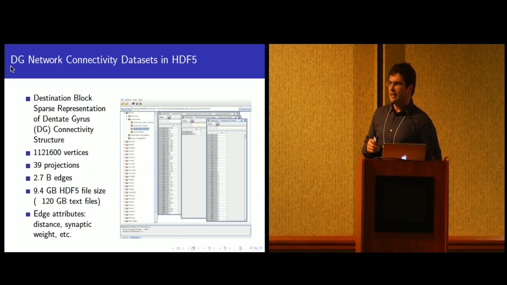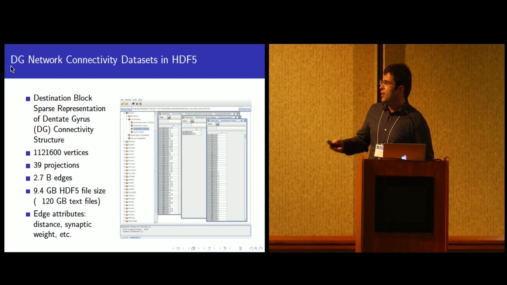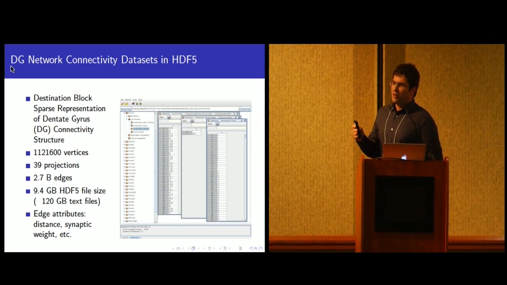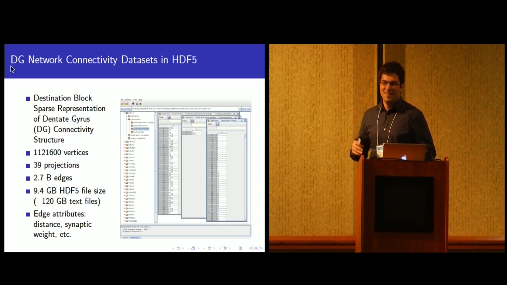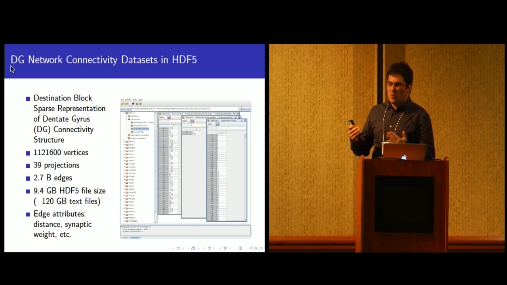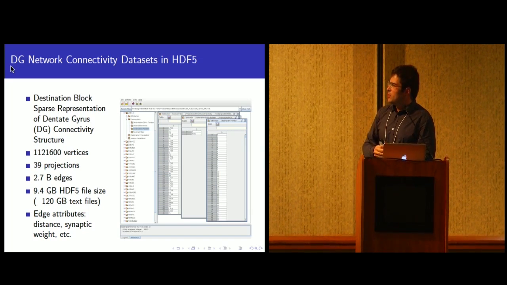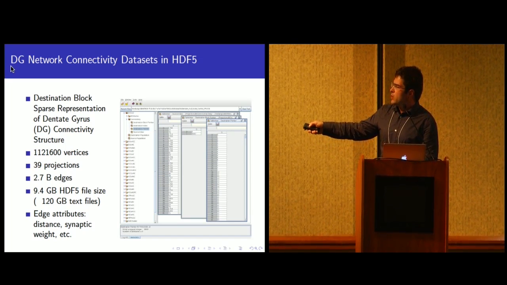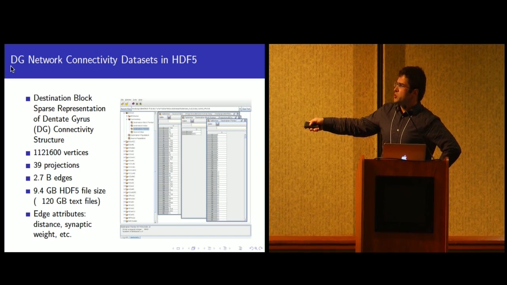Our legacy data format, so to speak, was MATLAB files; we exported text files from those, and then we loaded them in the NEURON simulator. So yeah, it was pretty horrible. Using HDF, we achieved great improvements. We converted this graph, which had 1.1 million vertices and 39 projections, resulting in 2.7 billion edges.